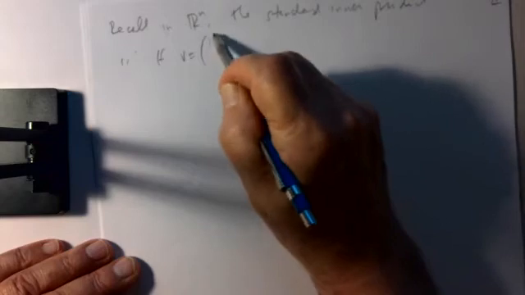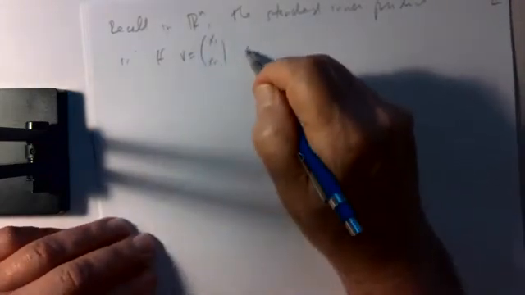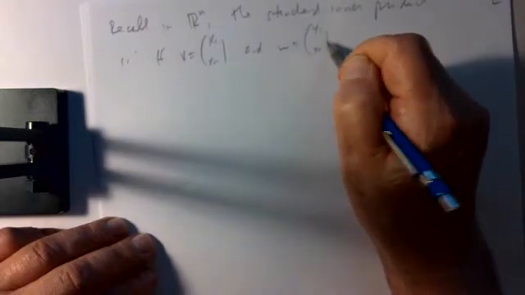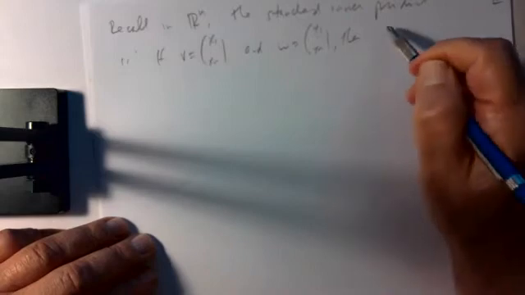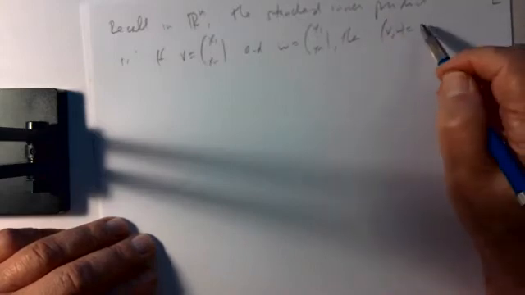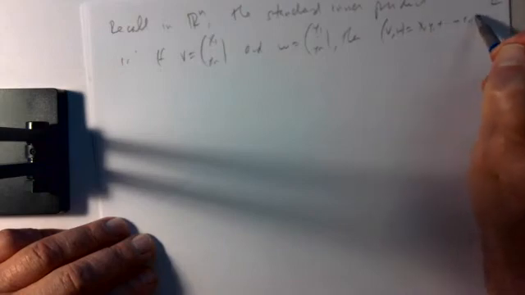If V is the vector x1 down to xn, those are the coordinates, and W is the vector y1 to yn, those are the coordinates, then the inner product of V and W is the sum of the products of the pairs of coordinates. Right? This is exactly the dot product you learned in Calc 3 in 2 dimensions and 3 dimensions.